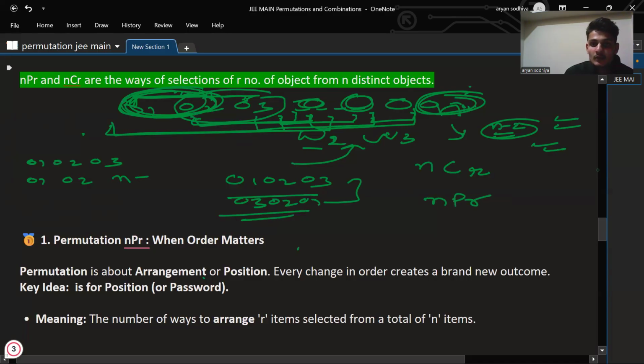But in nPr, it does not mean this. nPr is considering these two as different counts. So the count increases in nPr. nCr multiplied by r factorial gives nPr, because these are treated as different. If this is one way for nCr, in nPr this is also considered a way. So nPr becomes greater.